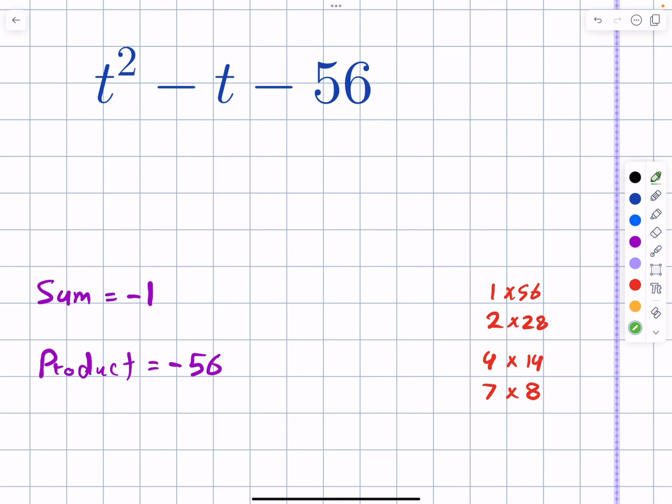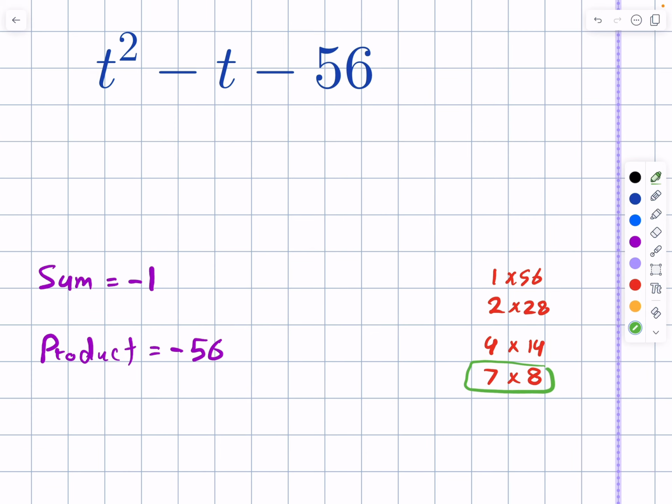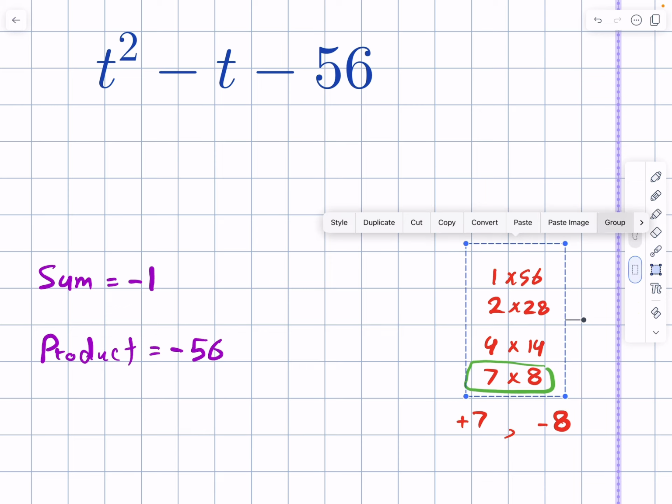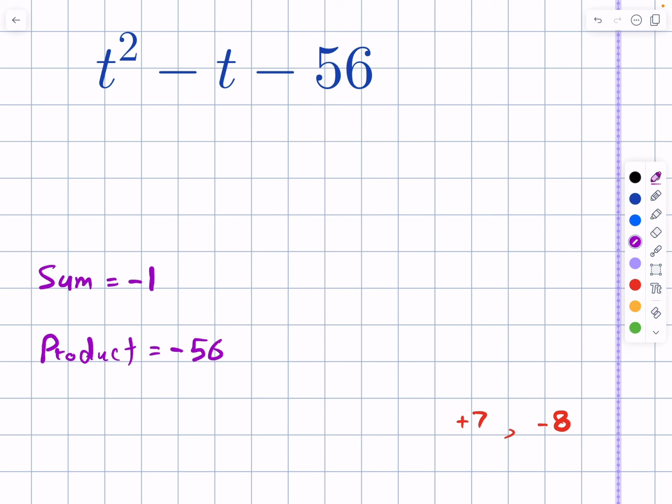We notice that these two numbers are one apart, so they are consecutive numbers. If we make one of them positive and the other negative, they add up to -1. So we have +7 and -8. This example factorizes to t plus 7 and t minus 8. And again, if we expand this, we will get this quadratic expression.